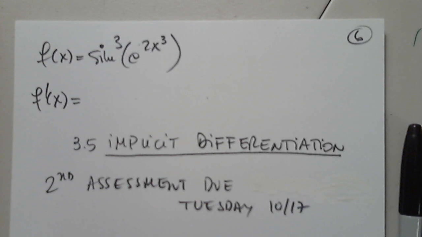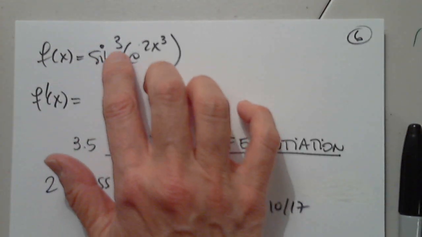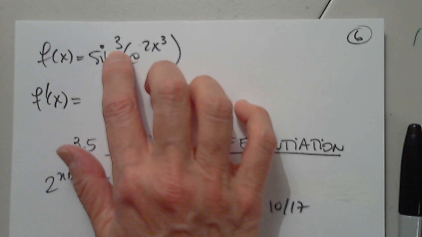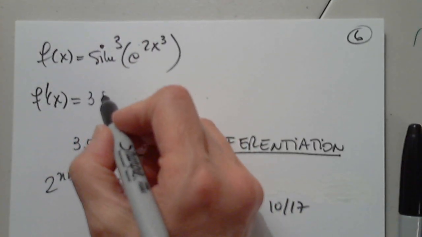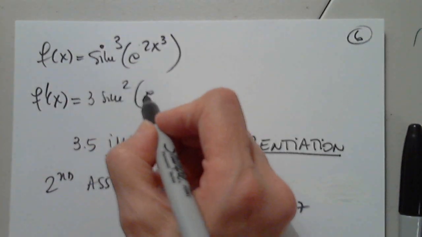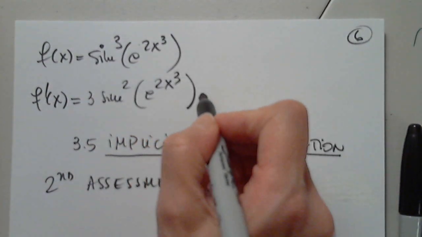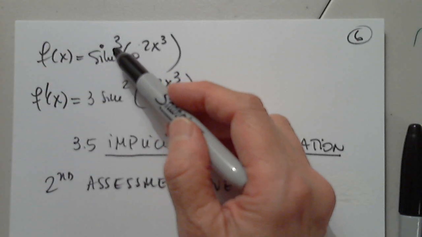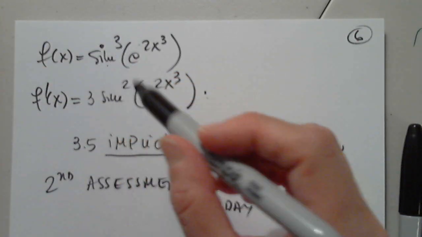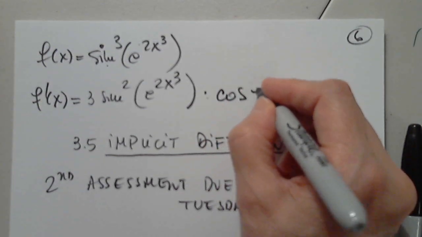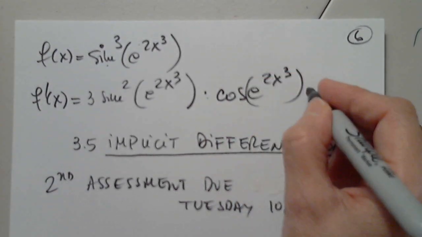Okay. Very good. So let's differentiate. So remember, we start from the outer function. So power 3, which has to go down. Sine squared e to 2x to the third. I only differentiated this. Now I have to differentiate the inner function, which is cosine of e to 2x to the third.